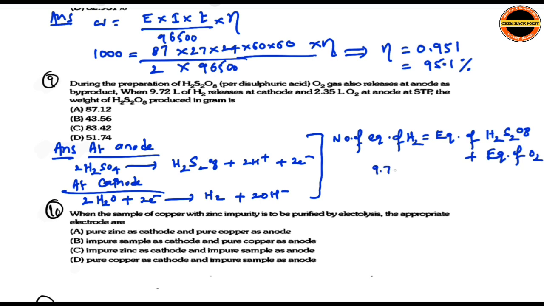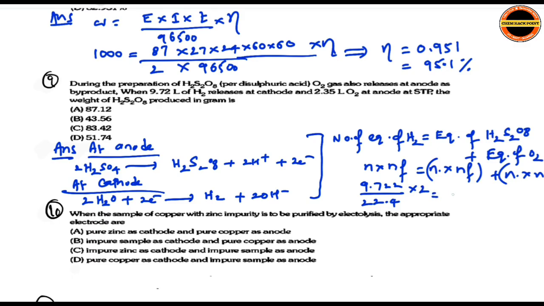Number of equivalents is number of moles into n factor, here also number of moles into n factor, plus number of moles into n factor, three cases. First they gave gas, so number of moles is 9.72 by 22.4 liters at STP, n factor is 2, is equal to 2.35 into 4 by 22.4 plus what is left.